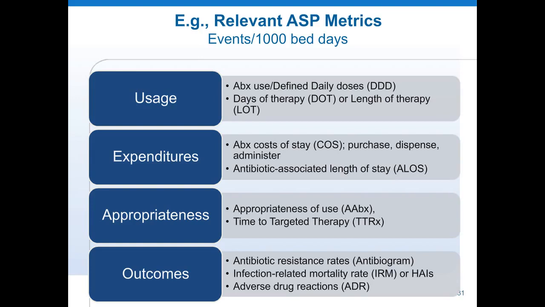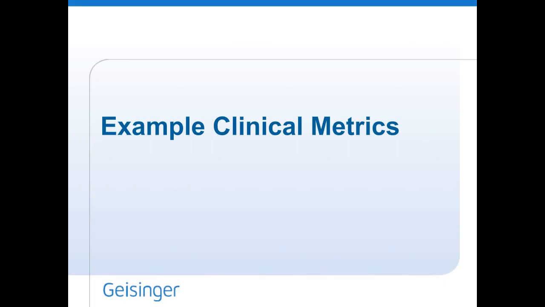And so here, this listing kind of just gives you another opportunity to look at different metrics. And these are all generally reported in events per 1,000 bed days per the Antimicrobial Stewardship Program metrics. Now, clinical metrics, again, I refer back to these Premier or other vendor observed to expected metrics.